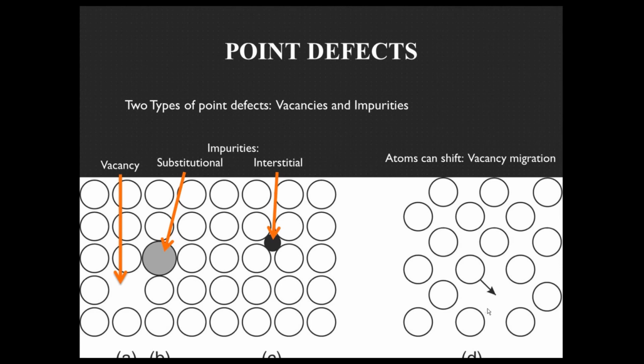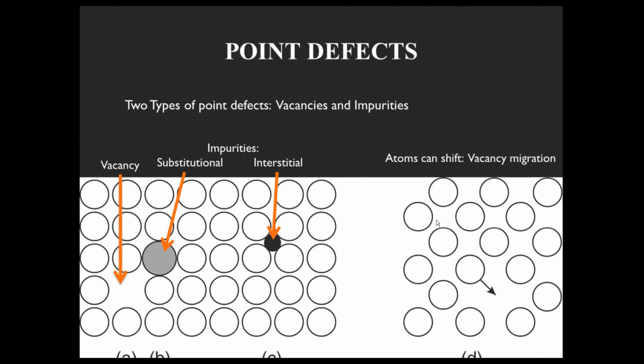The vacancies are special because they can move. If you have a vacancy, and obviously all around that vacancy are atoms or ions, which is just a charged atom, one of those atoms can move and fill that vacancy. If that happens, there's now a vacancy where that atom came from.